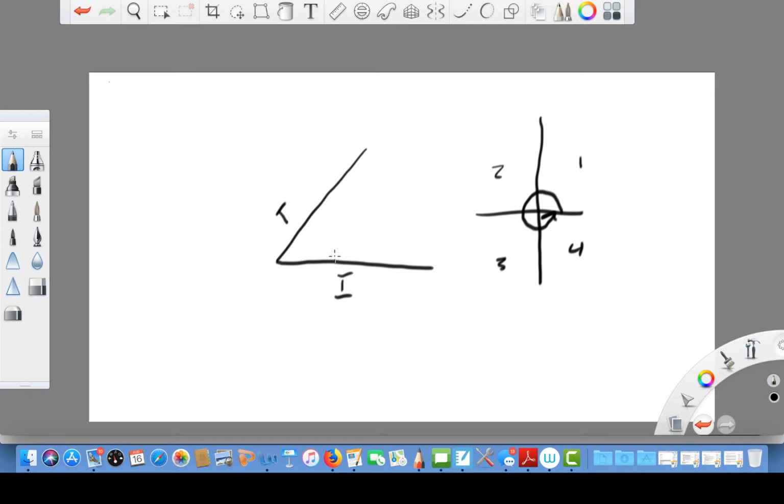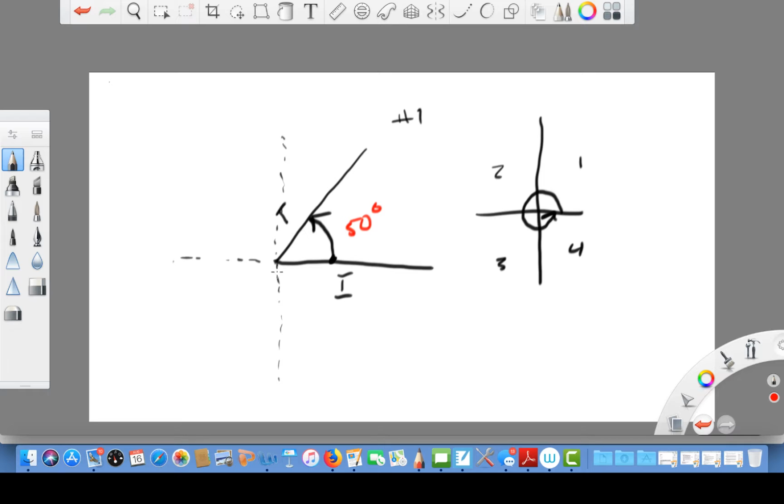So if we're starting here, and let's say that these are our quadrants, in dotted lines, all right? We're in quadrant number 1, and we're going to start with the initial and go to the terminal. There's nothing exciting about that. It's just what it is, okay? So let's call that 50 degrees.